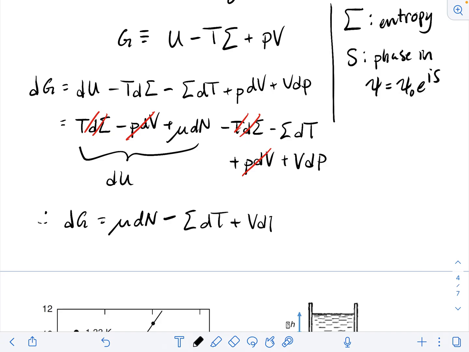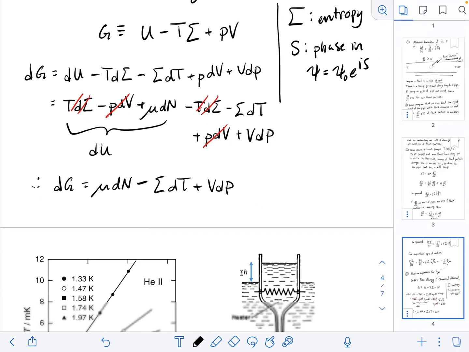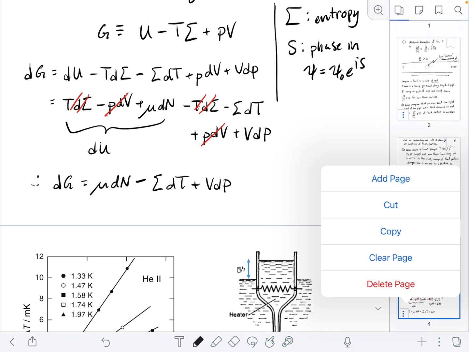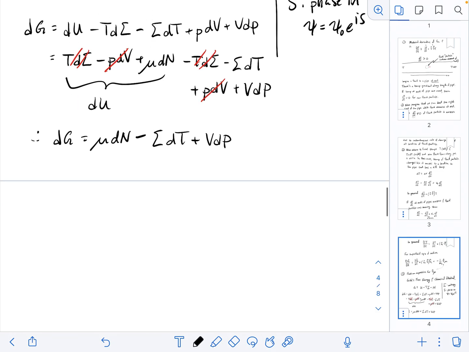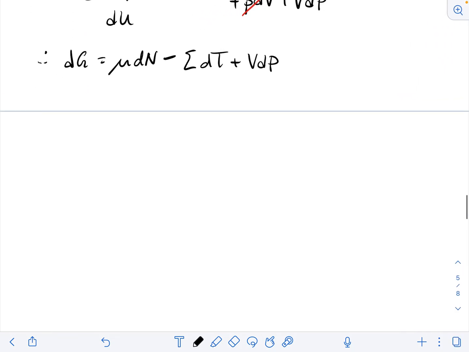I'm going to need to give myself another page. Okay. So what can we do from this? Well, we can recognize that the chemical potential mu can be written as dG/dN, provided temperature and pressure were constant. While we're at it, we could write down a couple of the other relations.